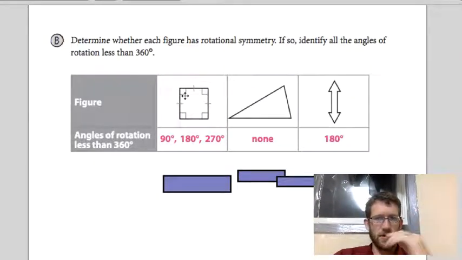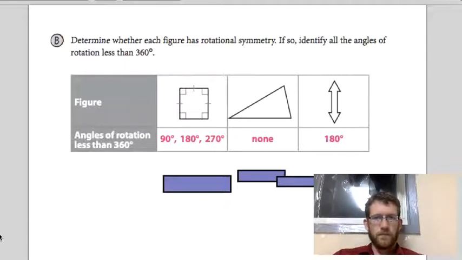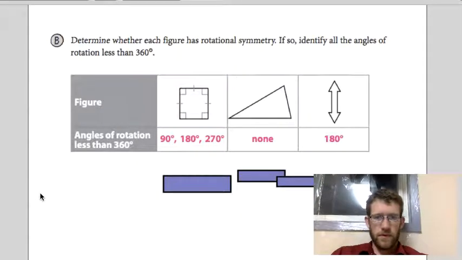It's indistinguishable. For this one here, you have a pointy end, so if you have a pointy end, there's no rotational symmetry you could do. This one's a double-ended arrow, so both ends are the same. They're indistinguishable from each other. Therefore, we could rotate it 180 degrees. Okay, and that's it. So good luck.